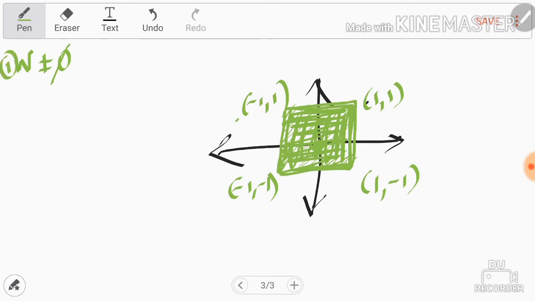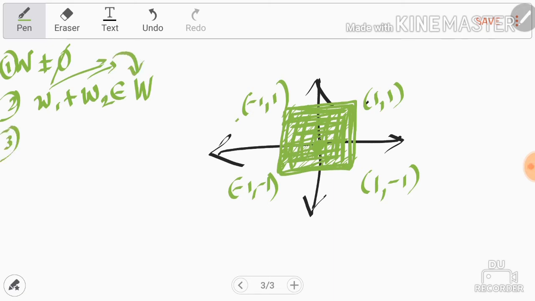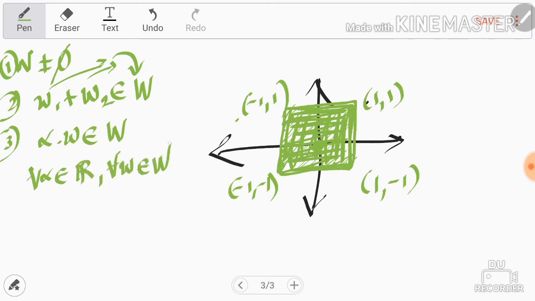The second property was that the sum of 2 vectors should belong to W for every vector W1 and W2 taken from W. And the third one was that any scalar multiple of any vector from W should belong to W, for every alpha belonging to R and for every w belonging to W. Does this really happen?